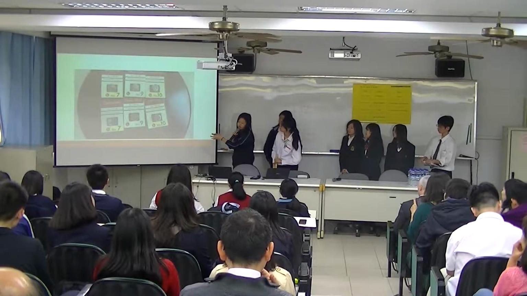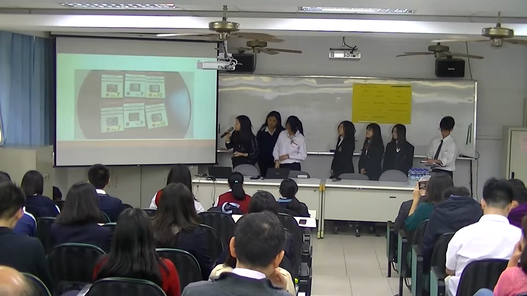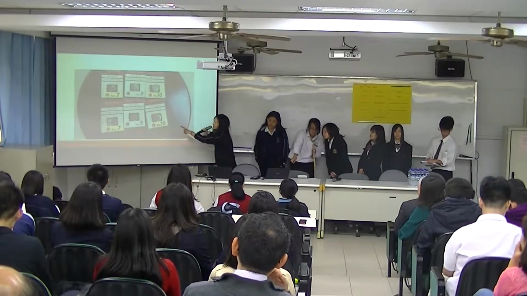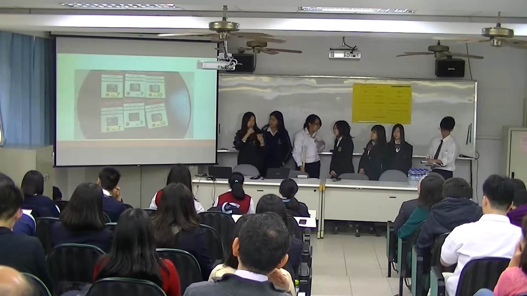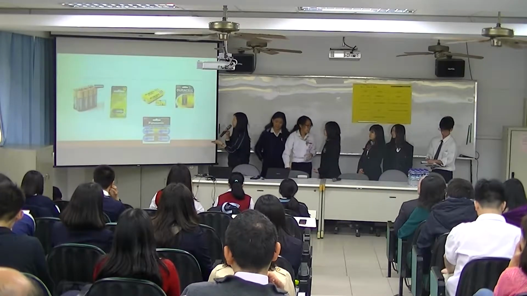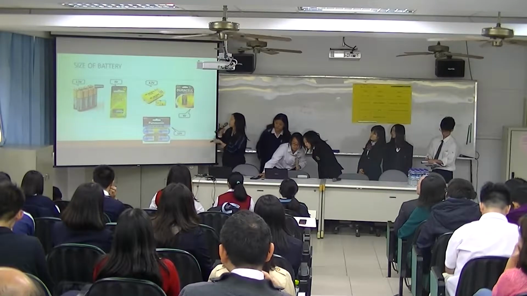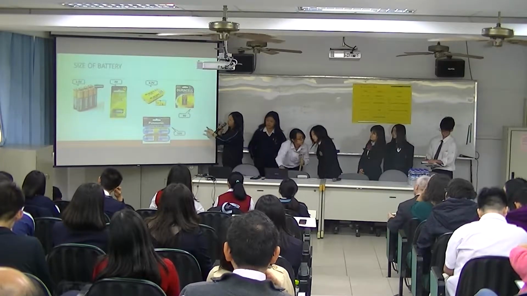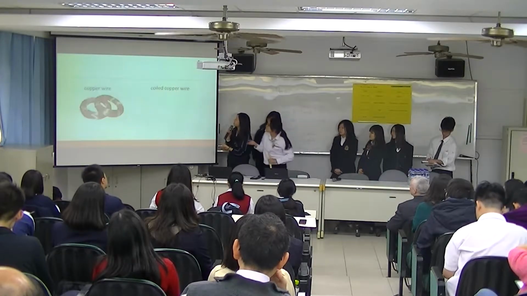In our experience, the number 9 magnet is the best one, because number 10 is too heavy, just like a dumbbell. And this is our battery, and this one, of course, we can't use because the shape is square.